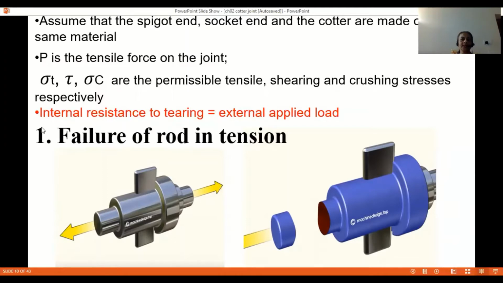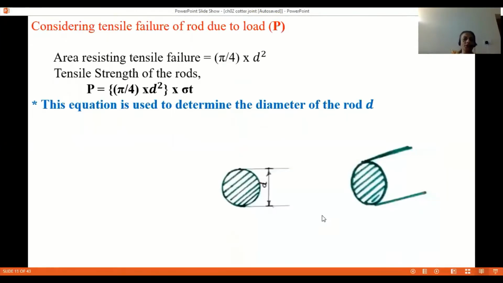The first step in the design is failure of the rod in tension. Friends, we can see that whenever a load acts here, it is a pulling force. It will try to break the rod in this way, so the rod will be ruptured. The area of the rod will be perpendicular to the direction of application of force. You can see here the cut section of the rod, and this one is a two-dimensional sketch.